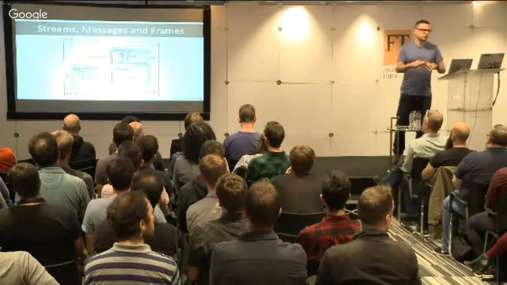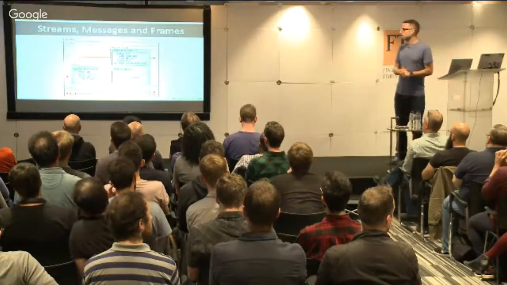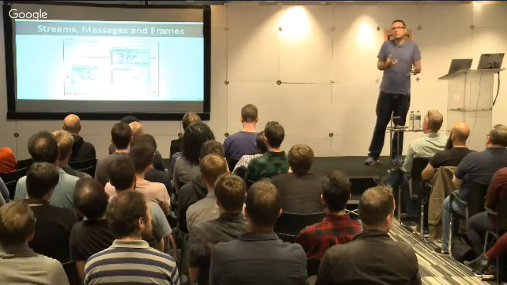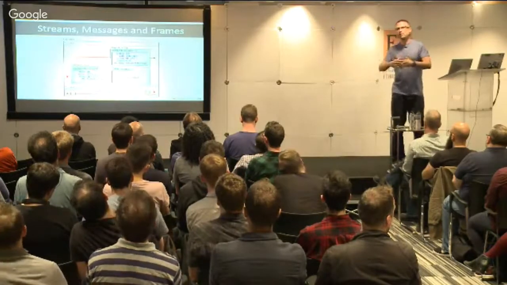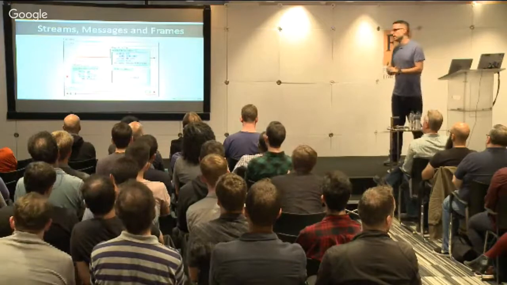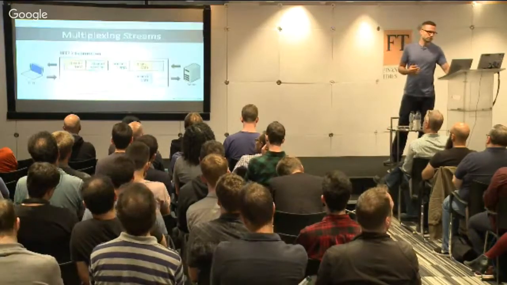The stream is a two-way flow containing one or more messages. A message is essentially a request or response, and that message is made up of lots of different frames, which have different headers and data encapsulated in them.